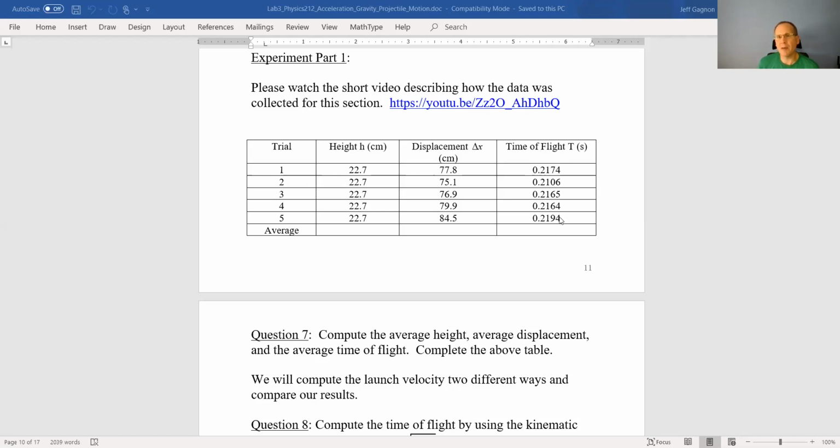So this is the time of flight that I recorded, the 5 values. So all I want you to do in question 7 is compute the average height, that's the height of the ball above the table right when it leaves the gun. I want you to compute the average displacement and then the average time of flight.